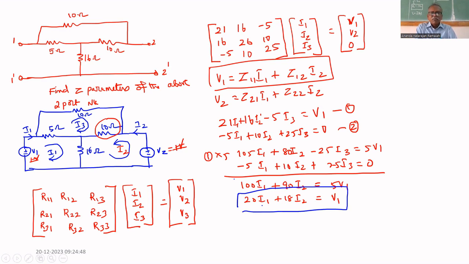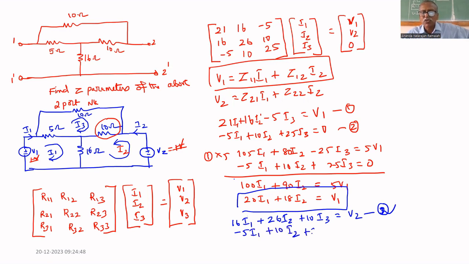One equation we got. Similarly, take the second equation and third equation. The second equation is 16 I1 plus 26 I2 plus 10 I3 equal to V2. The third equation is minus 5 I1 plus 10 I2 plus 25 I3 equal to 0.